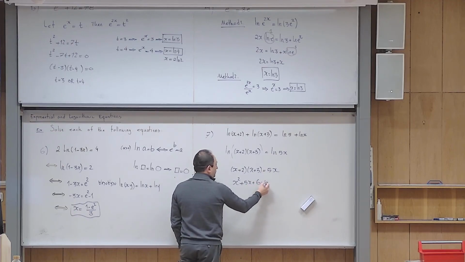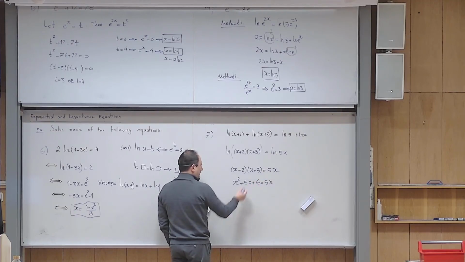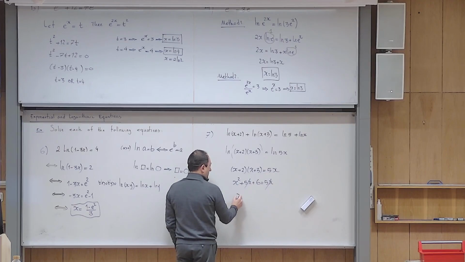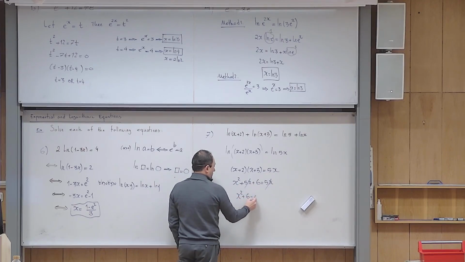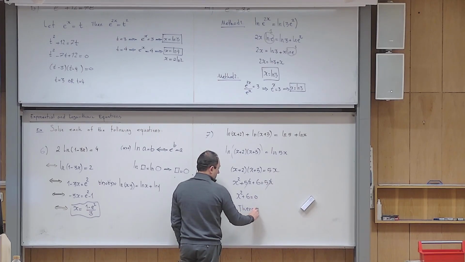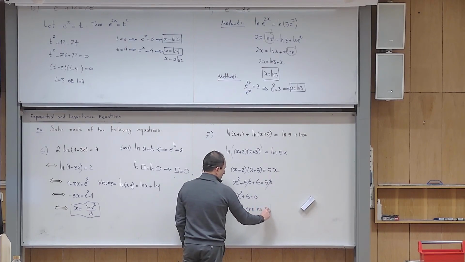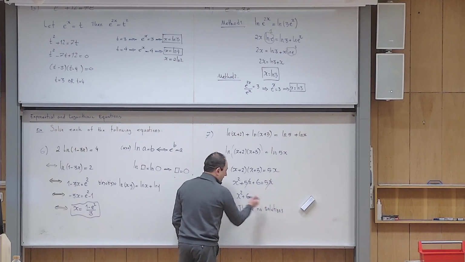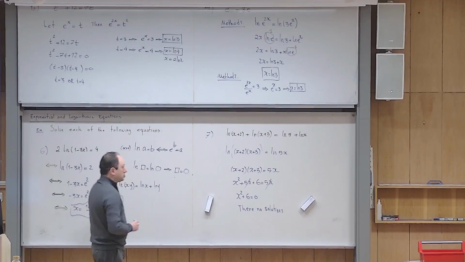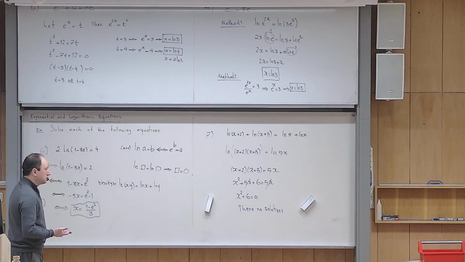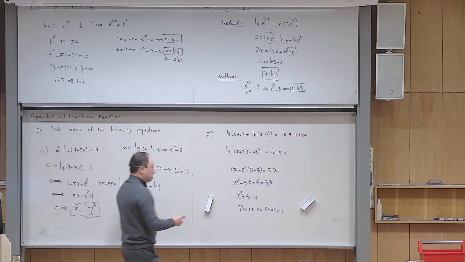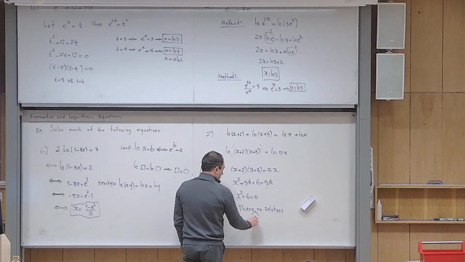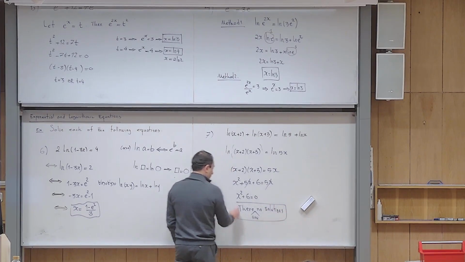And as you said, there are no answers, because this one and that one cancel, and x squared plus 6 is equal to 0. So there are no solutions. Why is that? Because x squared cannot be negative 6. So there is nothing wrong with the equation. That is the answer to this equation. There are no solutions.